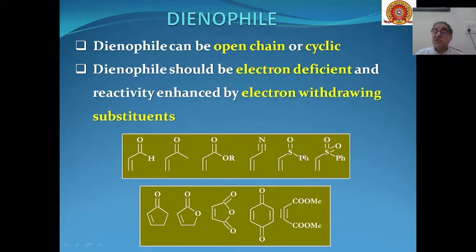Then these sulfoxides, then these types of cyclic dienophiles will also be reactive towards the Diels-Alder reaction, and you can see over here in all the cases you have a carbonyl group, which is an electron withdrawing group, which will enhance the reactivity of the dienophile.